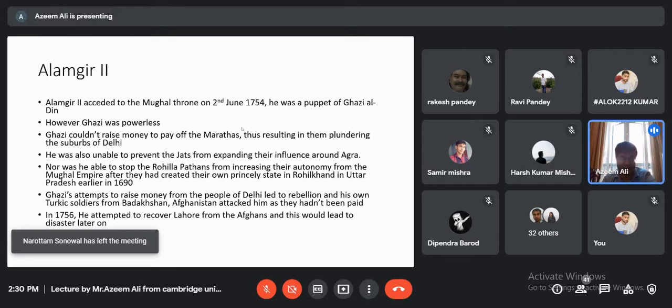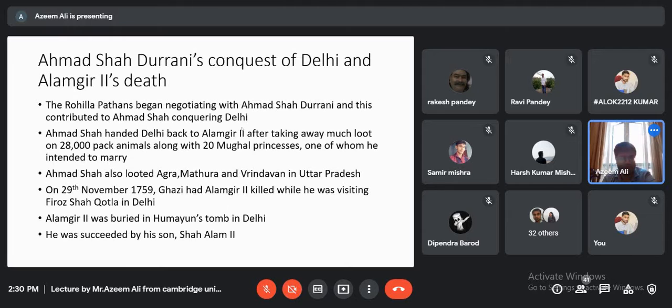In 1756, he attempted to recover Lahore from the Afghans, and this led to disaster. The Rohilla Pathans began negotiating with Ahmad Shah Durrani, and this contributed to the latter conquering Delhi. He handed Delhi back to Alamgir II after taking away a lot of loot on 28,000 pack animals, along with 20 Mughal princesses, one of whom he intended to marry.